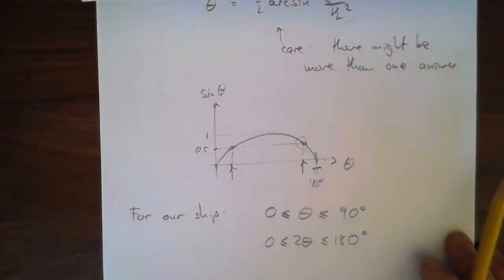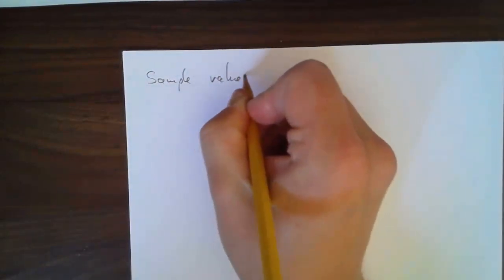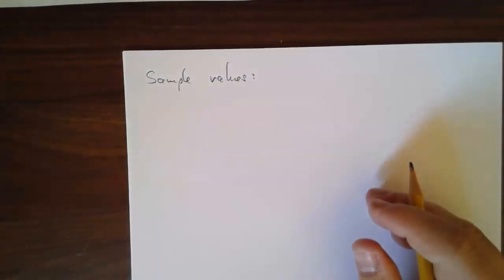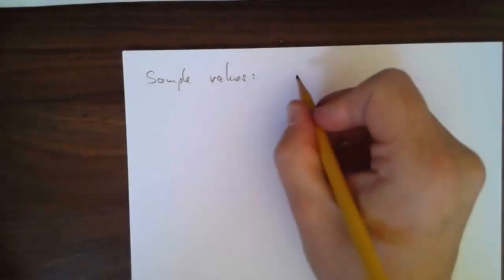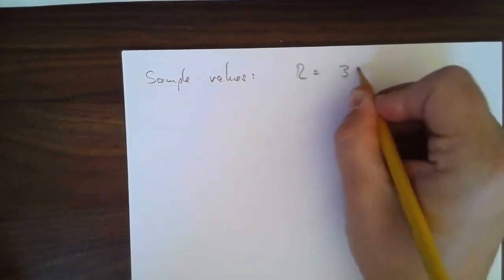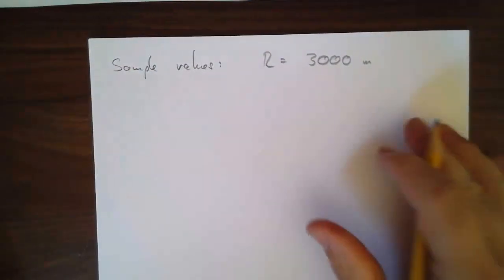Excuse me. Let's plug in some values to actually see this, right? Let's put some values to our ship and our cannon. So, sample values. What's realistic here? Let's say the distance is 3,000 meters, so 3 kilometers. You see the ship in the distance.